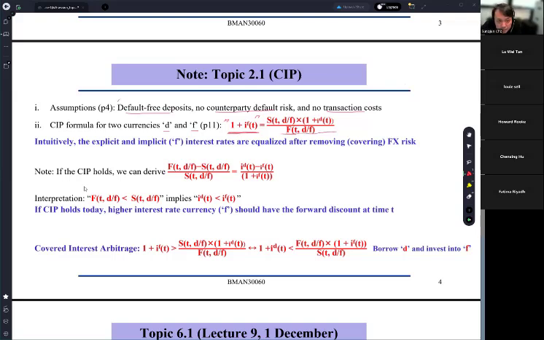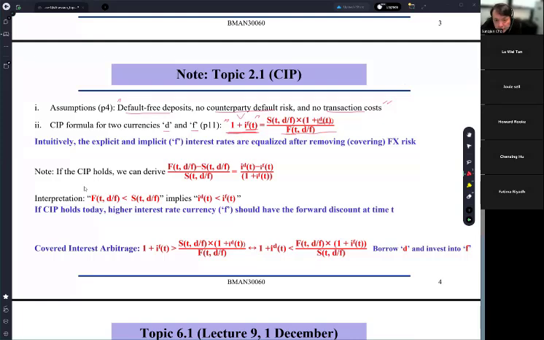Now, given these assumptions, what is important about them? First of all, you know for sure you're going to get this after 1 year. This is a default-free bond, and this one is also a default-free bond. And because of no counterparty default risk, for the contract you buy or sell today, the exchange of money will happen after 1 period at maturity.